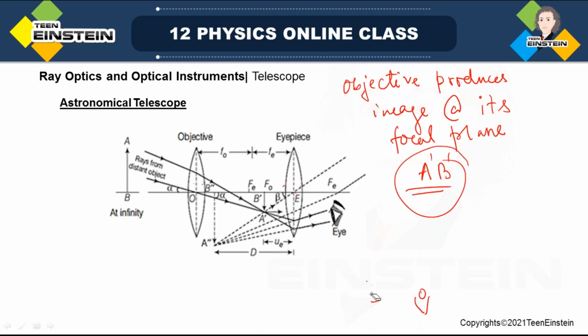When the image A prime B prime is inside this focal length, this FE is the first focus for the eyepiece, and FO is for the objective. These are the respective focal lengths, so this is the notation.